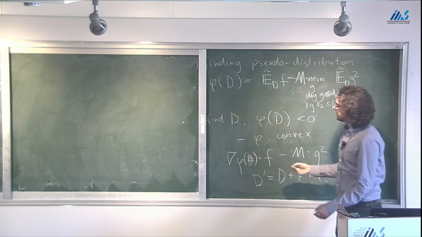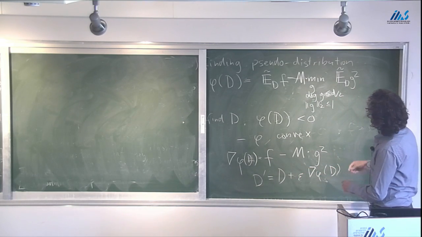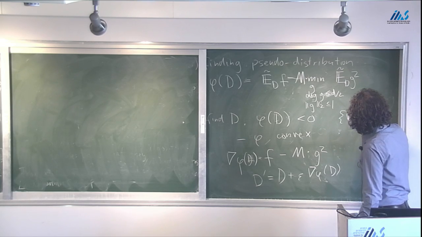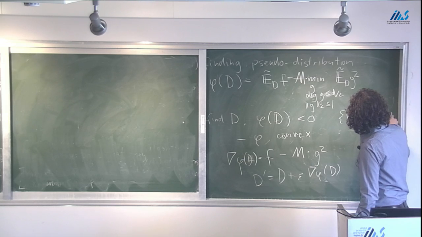what you can do with gradient descent is run it on this affine subspace of functions where the sum of the values is equal to 1.